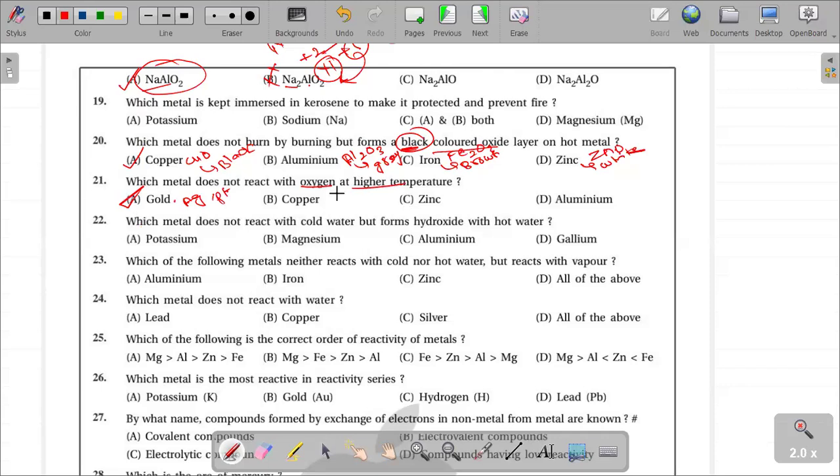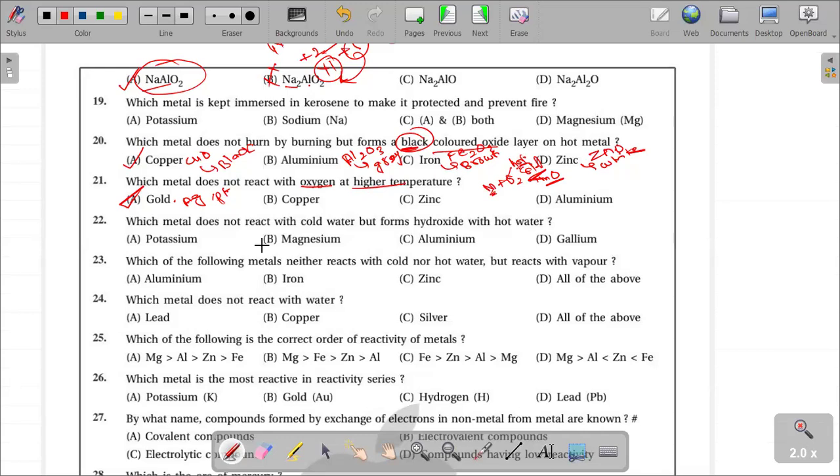Already we know that when a metal reacts with oxygen, you will get the metal oxide. The oxygen may be in cold condition or hot condition. If it is cold condition, the metal should be highly reactive. If we are using hot air, then the metal can be low reactive. So that's it. Gold, silver, and platinum never react with either cold air or hot air.